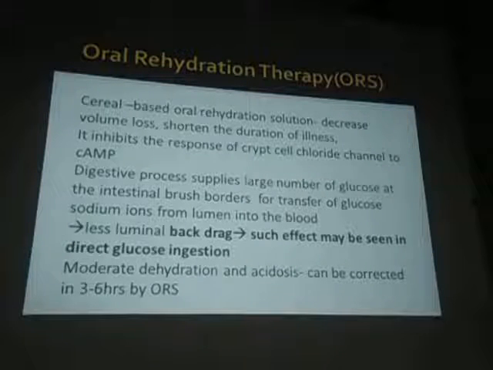Thus at the intestinal brush borders, there is less chance that it can cause this backtrack or drag the fluid back from the intestinal wall to the lumen. That process is not so much in the brush borders for the transfer of glucose and sodium ions. So thereby this backtrack is prevented, and more glucose is provided where it is required. Moderate dehydration and acidosis can be corrected within 6 hours of ORS.